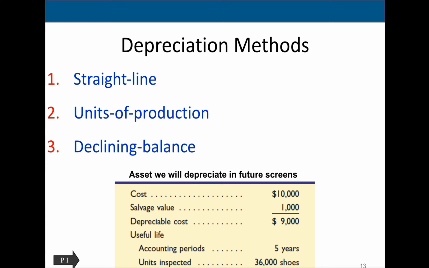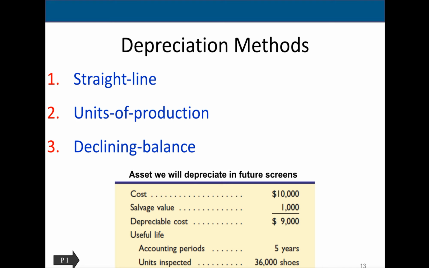So no matter which method you use, once you're done with depreciation, you should have recognized all of your initial cost minus whatever your salvage value is. That gives you depreciable cost, and all three of these methods will use up all of your depreciable cost as long as you keep the asset that way. The question is, when will you recognize these expenses?